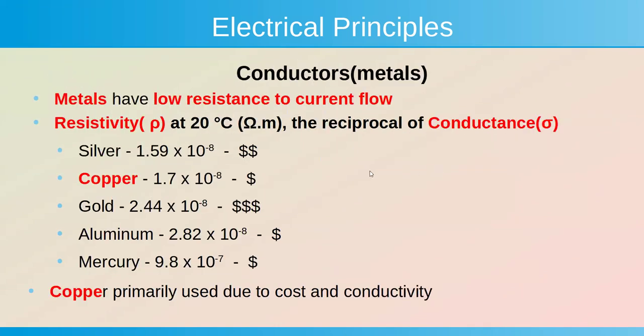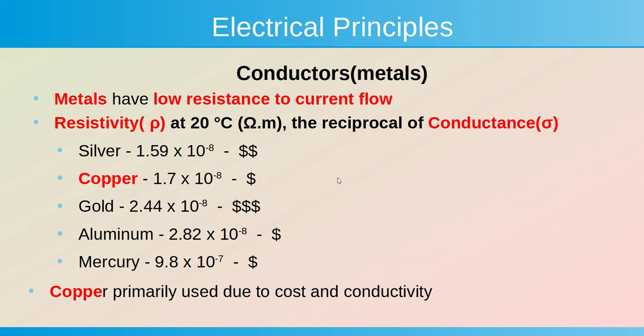It's the amount of resistance per meter, I believe. In other words, it's ohm meters. It's a weird thing, but essentially it's the relative amount of resistance per unit. So you see that silver has less resistance than copper.